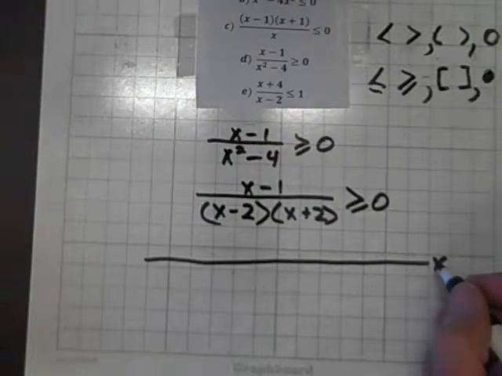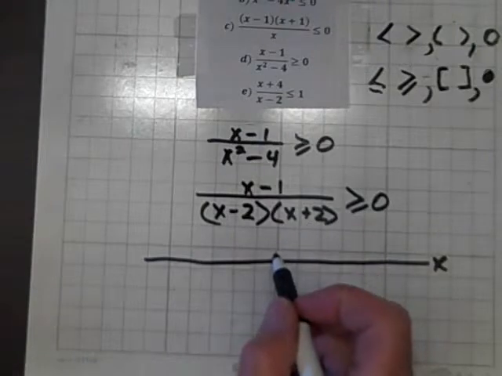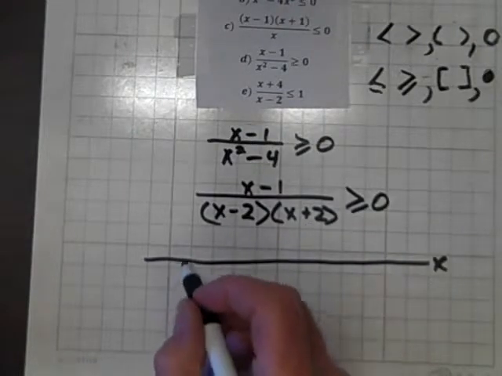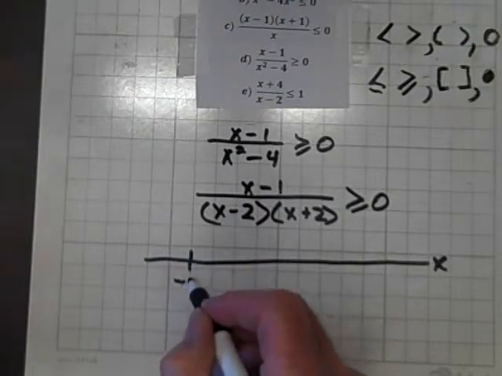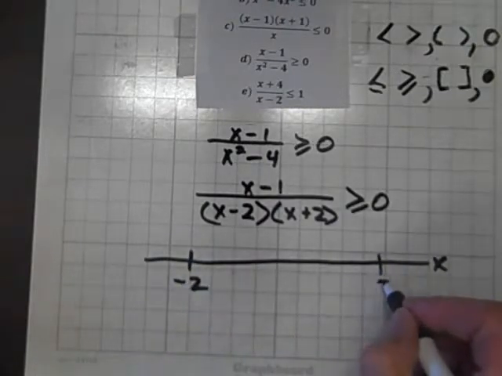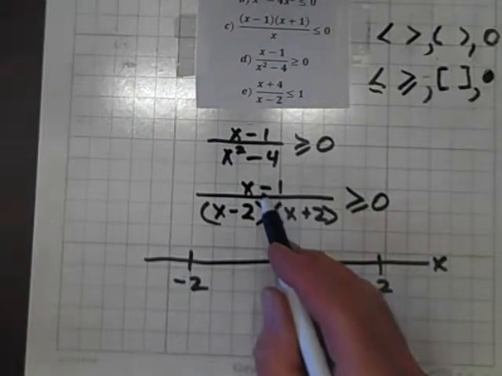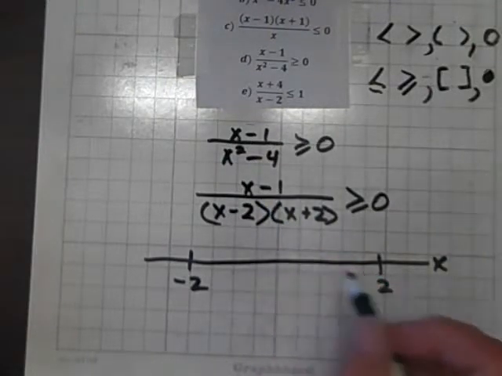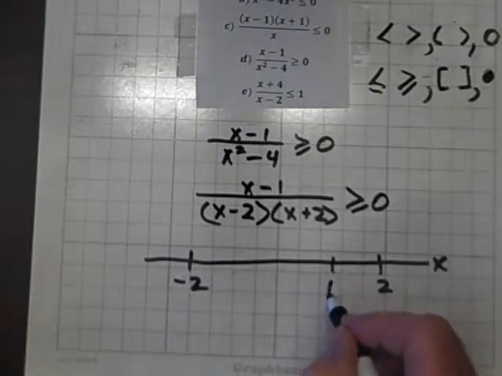The values of x that take the denominator to 0 are 2 and negative 2. So negative 2 and 2. And the value of x that takes the numerator to 0 is 1. So let's see, 1.